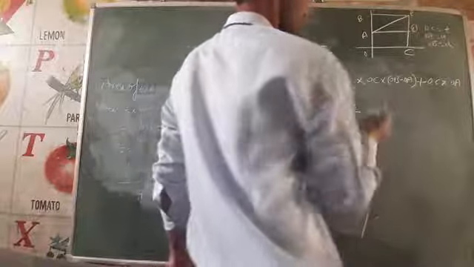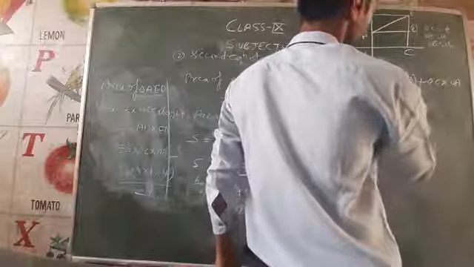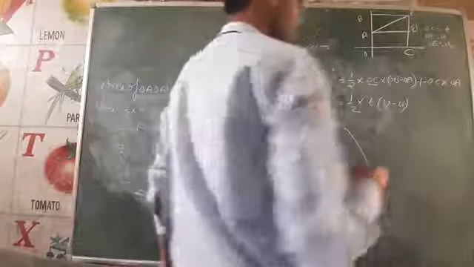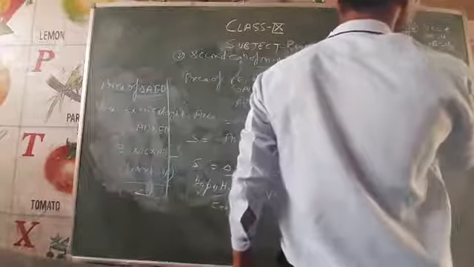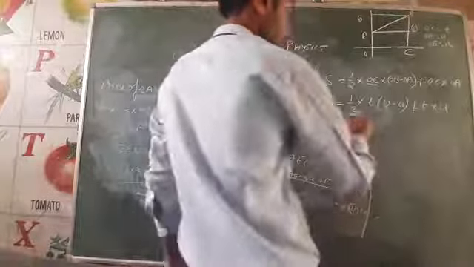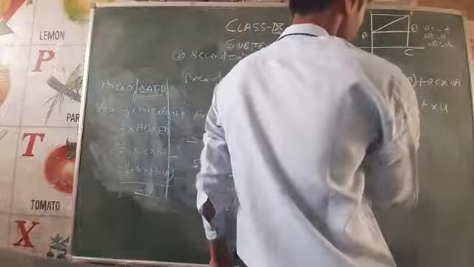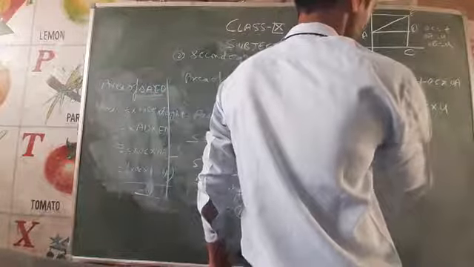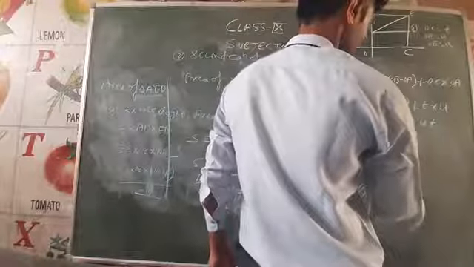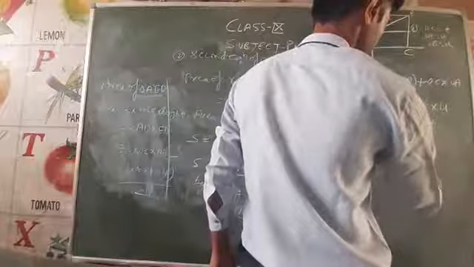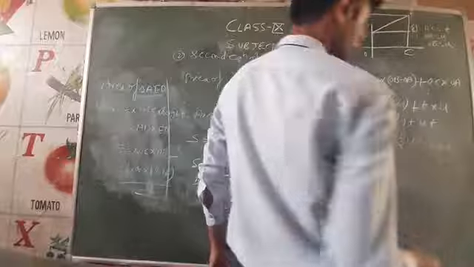So by putting values, OC is t, OB minus OA is v minus u, and OA is u. So S is equal to 1/2 t (v minus u) plus ut. So S is equal to ut plus 1/2 (v minus u) into t. You can write this.